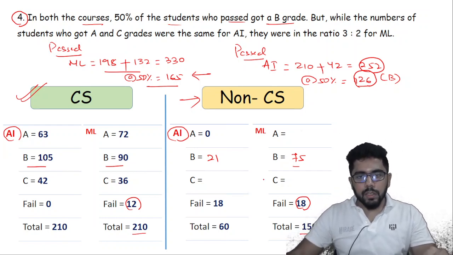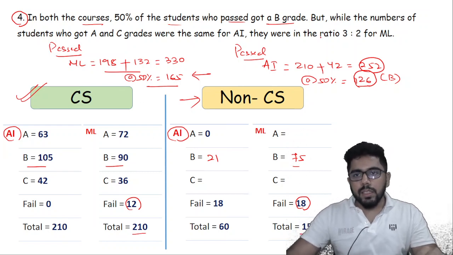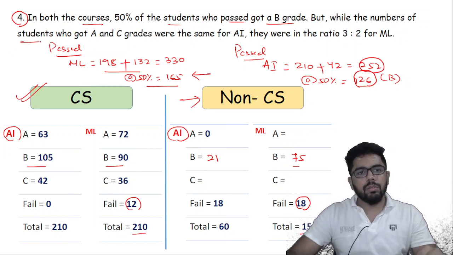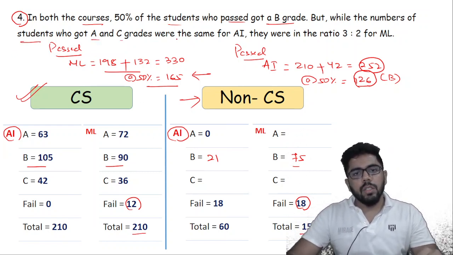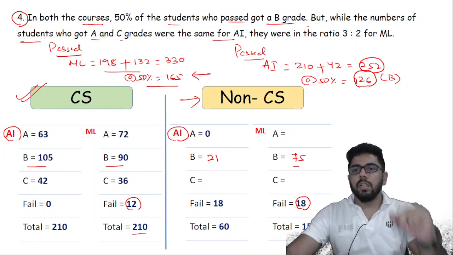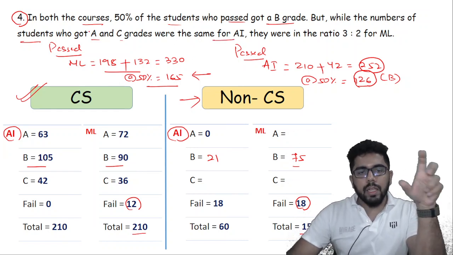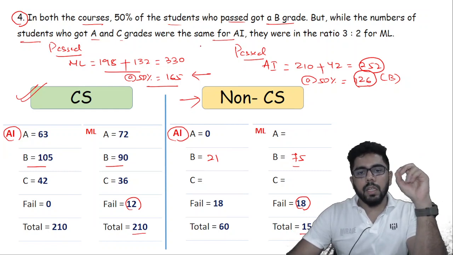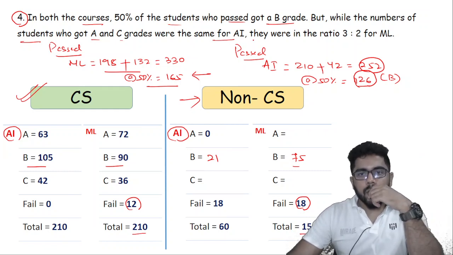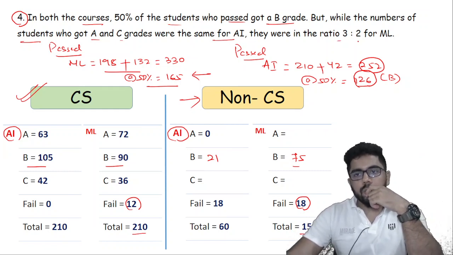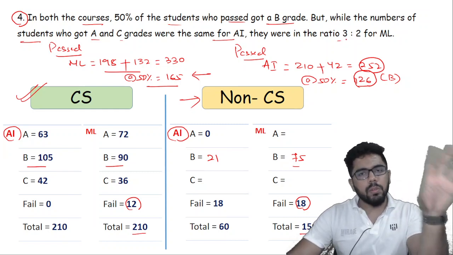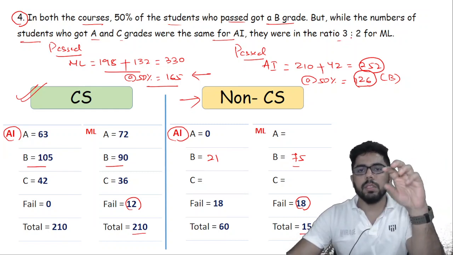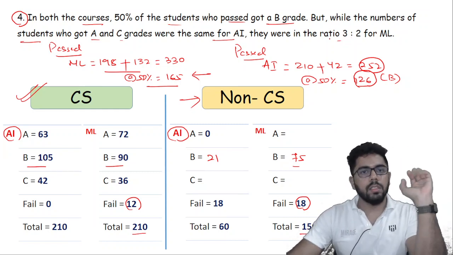Next it is saying the number of students who got A and C grades were the same for AI. They were in the ratio 3:2 for ML. So the number of students getting A grade in AI is the same as the number getting C grade in AI.